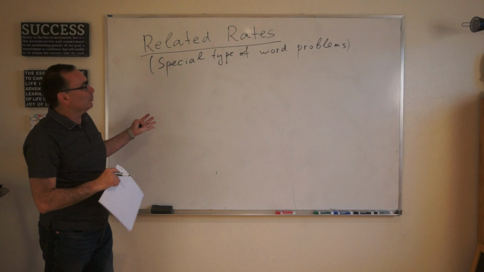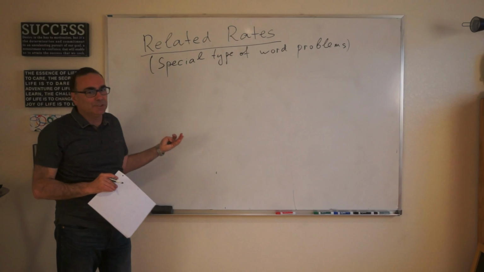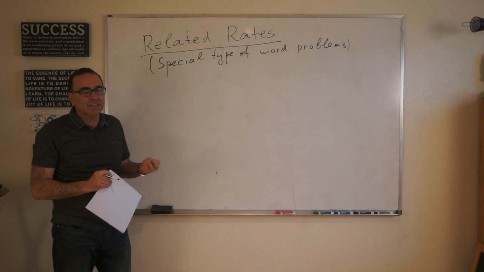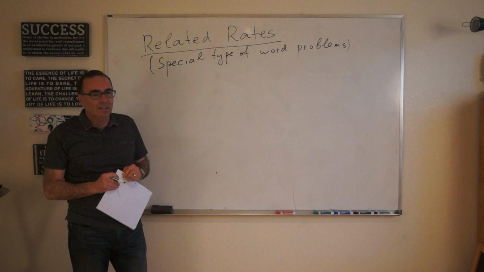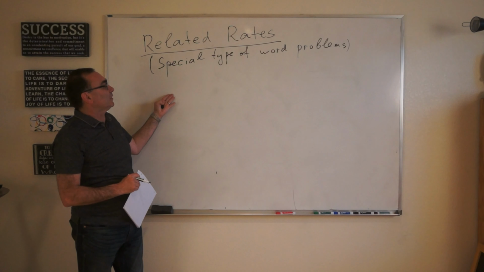And these word problems describe the following situation. There are two quantities related to each other and both of them changing with time. And each of them is changing at a certain rate.